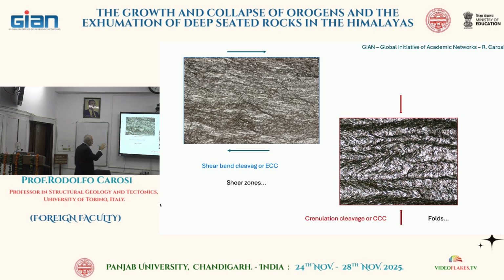So the shape is totally different, but it's very important to distinguish these two cases because also in published papers in the last year, also in this year, some people make confusion between this kind of fabric and this one.